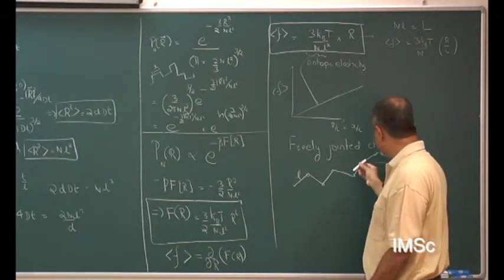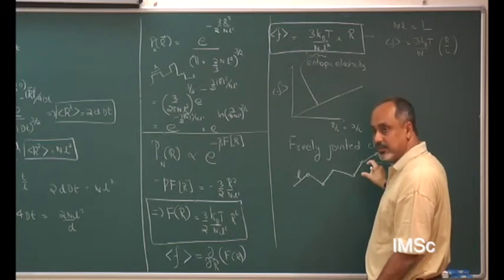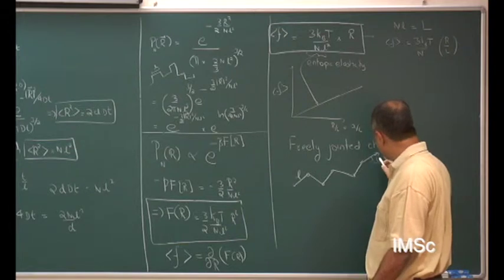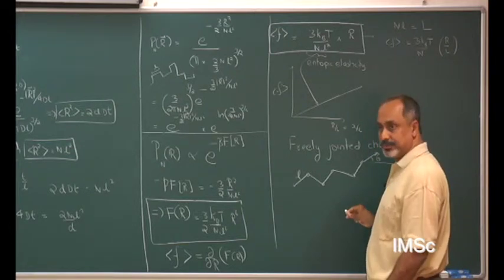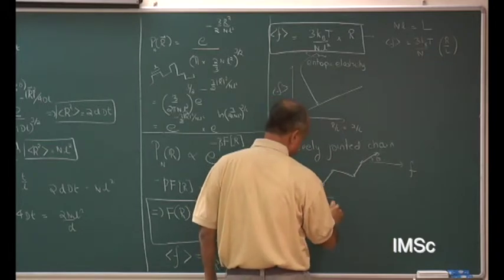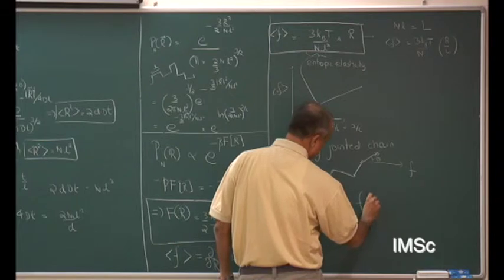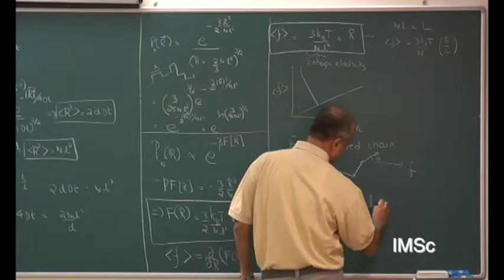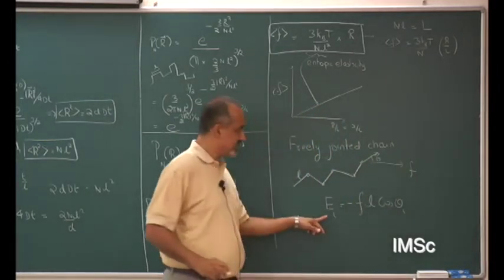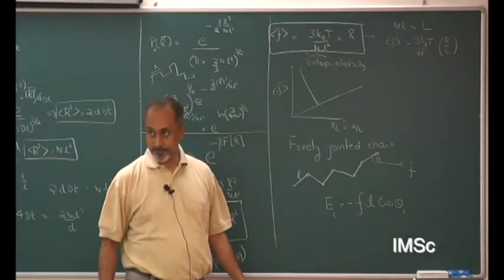So what determines the energy of the system, assuming that all of these are independent of each other, these are all fixed size vectors, is exactly what angle this makes with the direction of the force. So let me write down an expression for that energy. This energy is the minus sign, the value of the force, the size of each step, times cosine theta_i. So this is the energy associated with the ith bond in this chain.